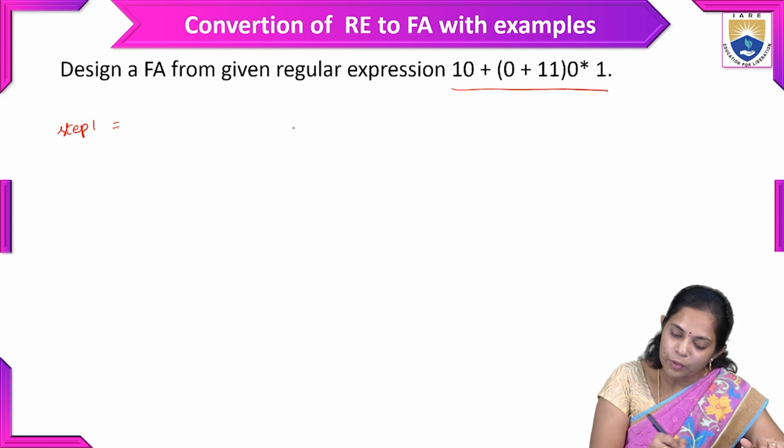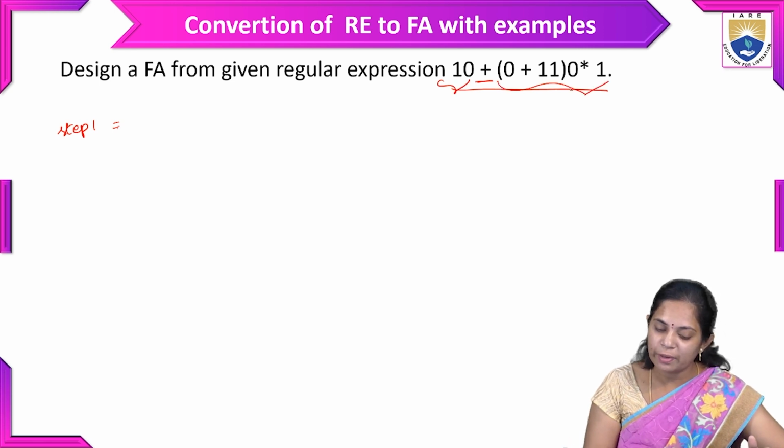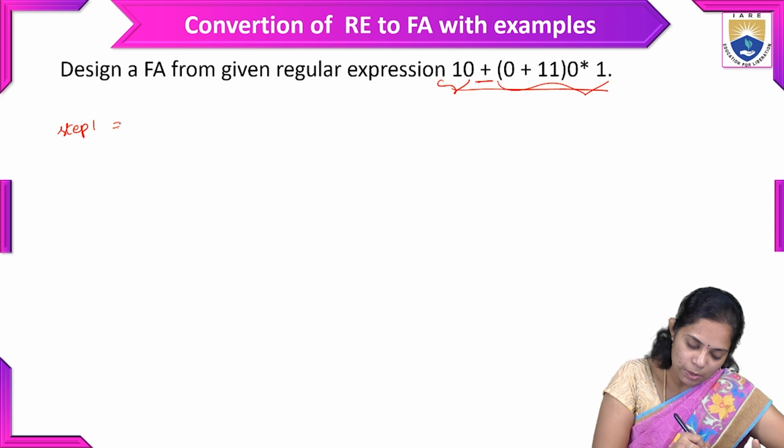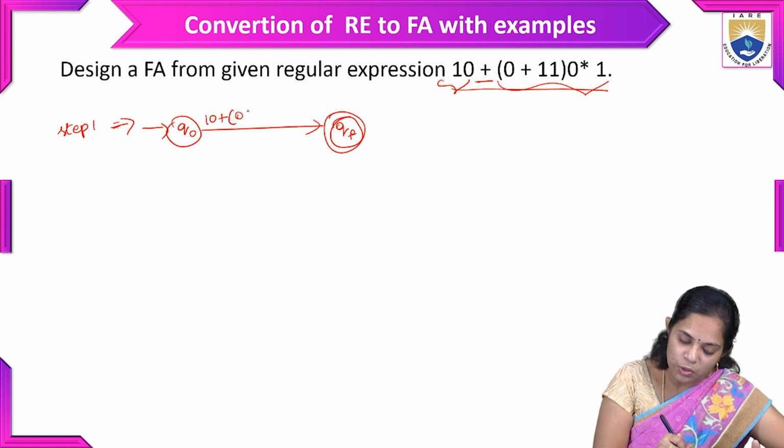Step 1: there is a plus symbol in between the two parts, so we will separate these two. Let's draw step 1. We have Q naught as the initial state, and QF as the final state. It is represented like this, and in between we write the regular expression.